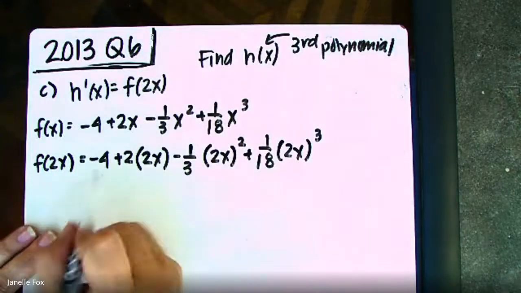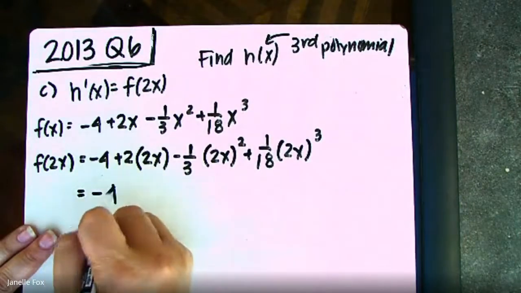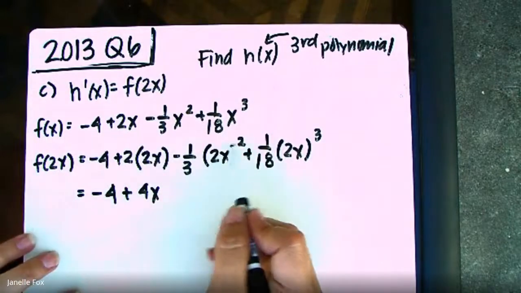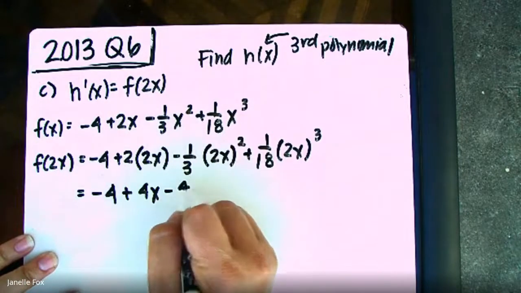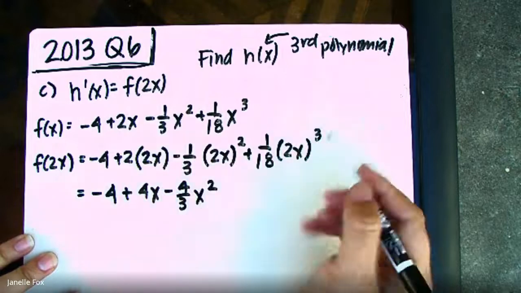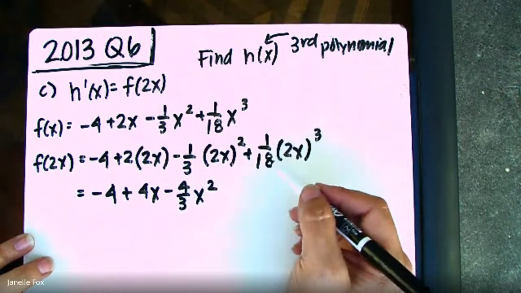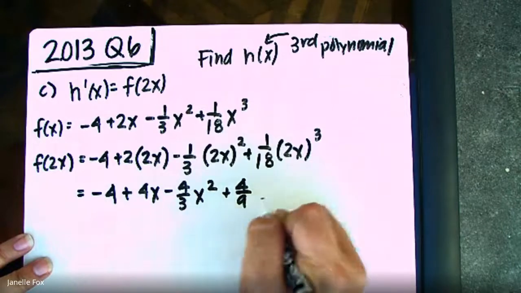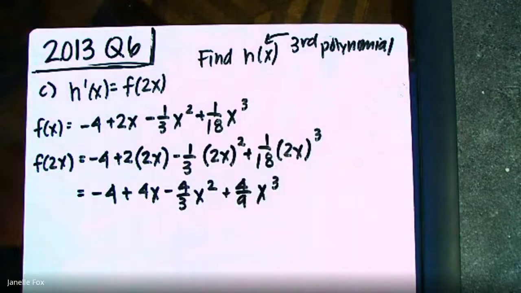Now this is going to be negative 4 plus 4x. This is going to be minus 4/3 x squared. And this is going to be 8 over 18, which simplifies to 4/9, so 4/9 x cubed.